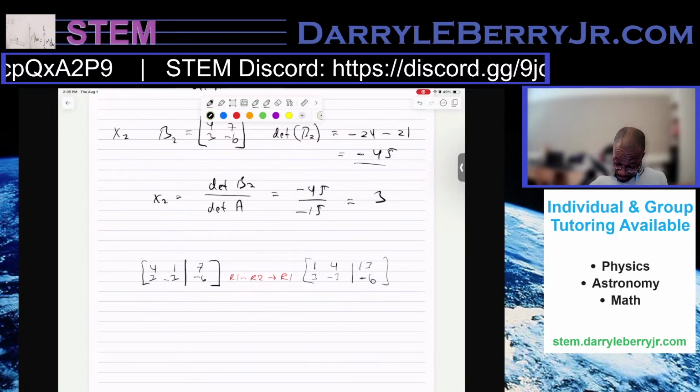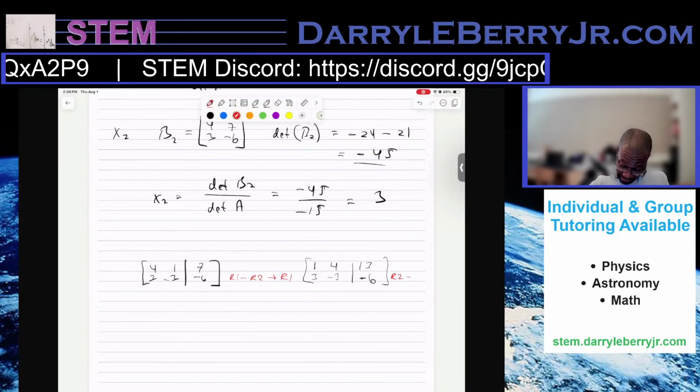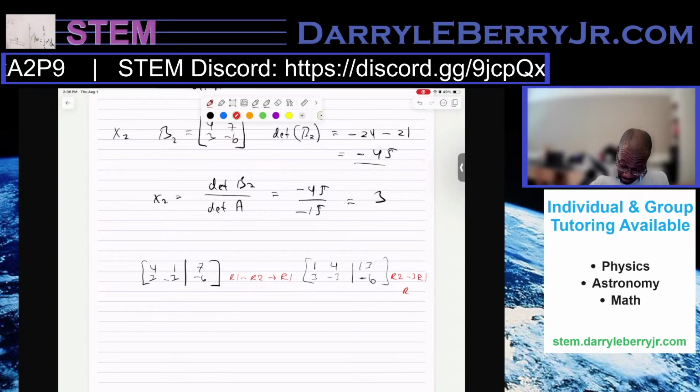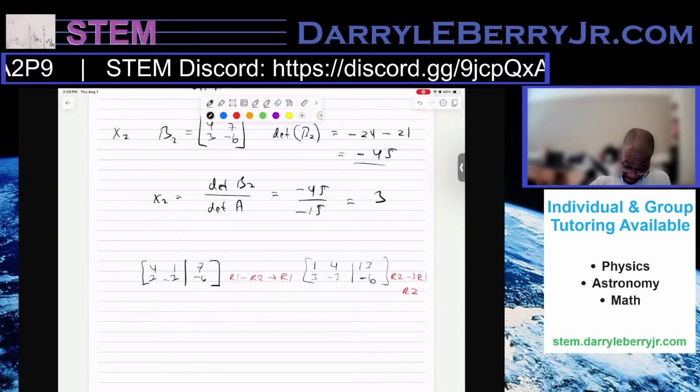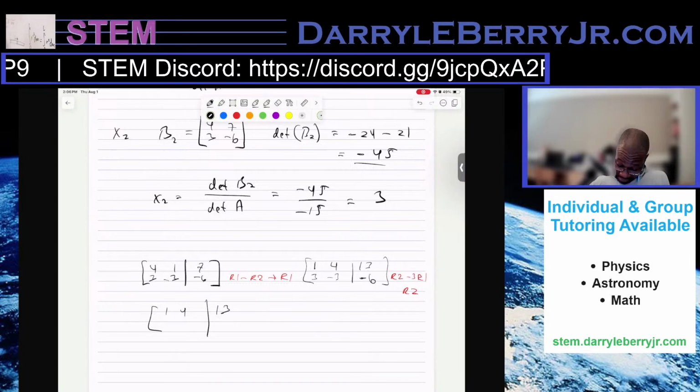And then I can do row 2 minus 3 row 1, and let that be my row 2. So that's going to be 1, 4, 13. That's going to stay the same.